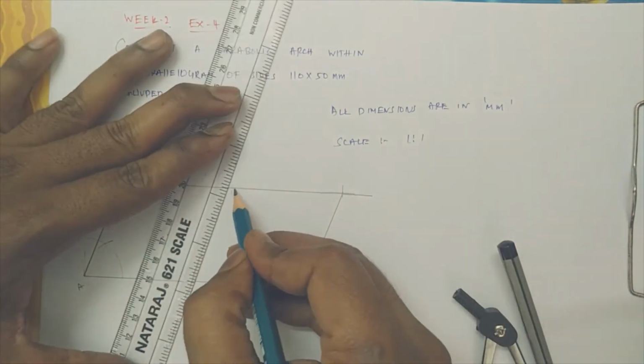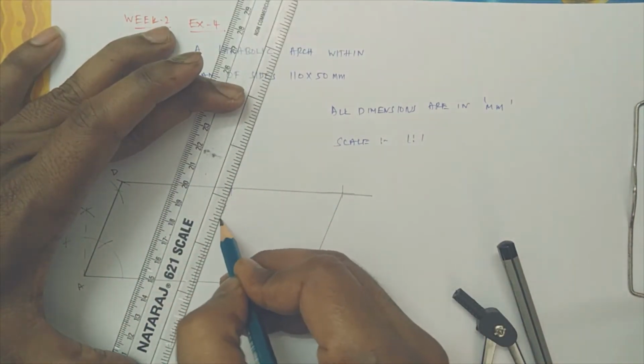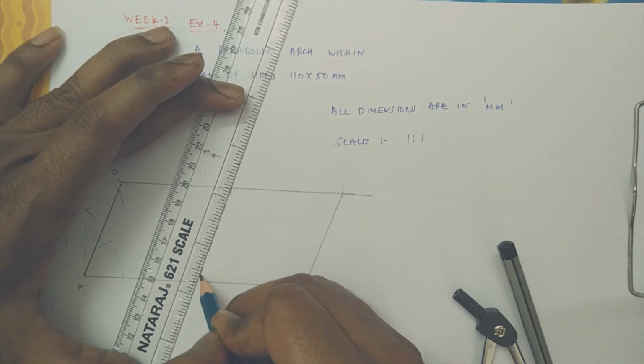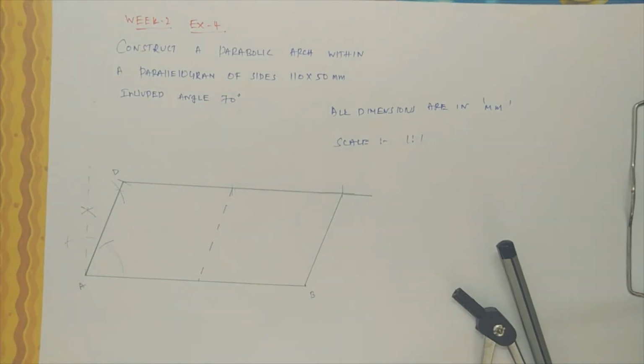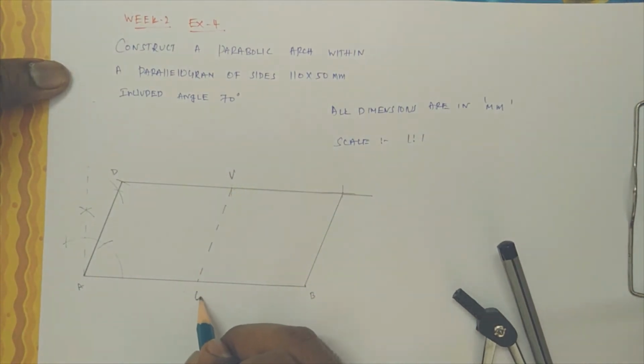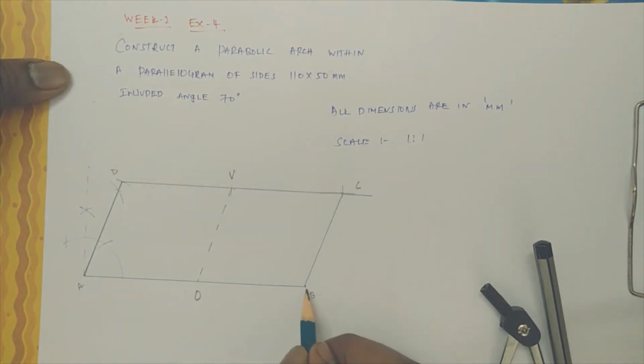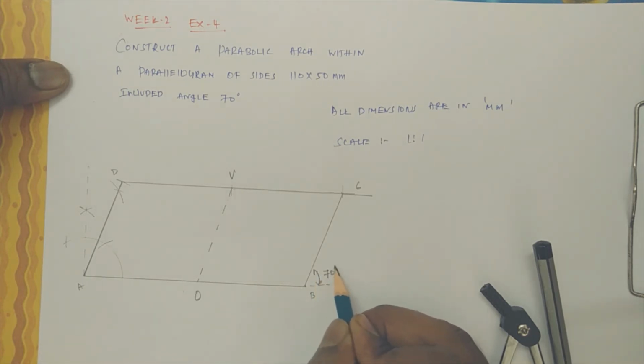Again you join, a long dashed dotted line for the center line. Let it be. So now this point is the vertex, this point is O, A, B, C, D. Now we have found all the parts in the parallelogram. So this angle is 70 degrees.